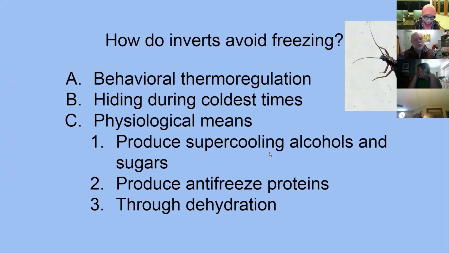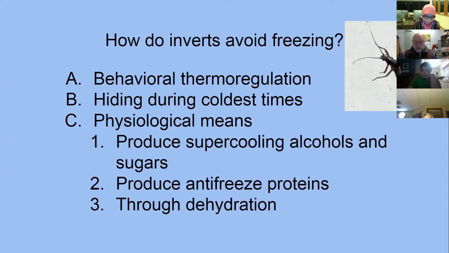But most important to these things is that they have some physiological means to try to protect themselves from freezing. Many insects and other invertebrates have the ability to produce some alcohols like glycerol and some sugars.